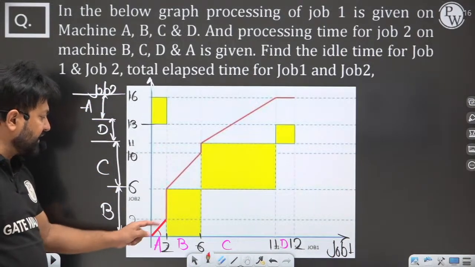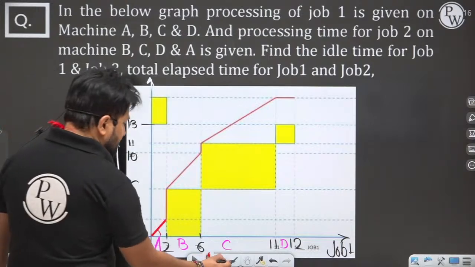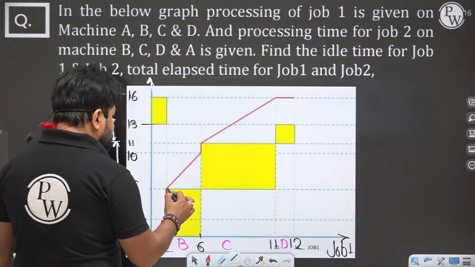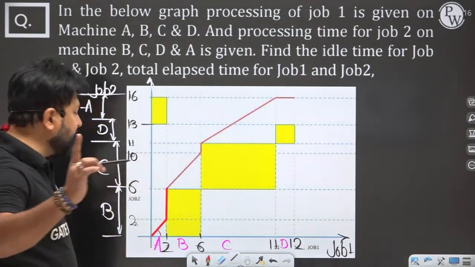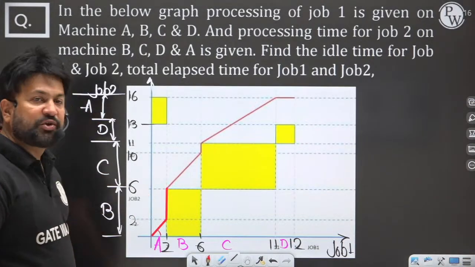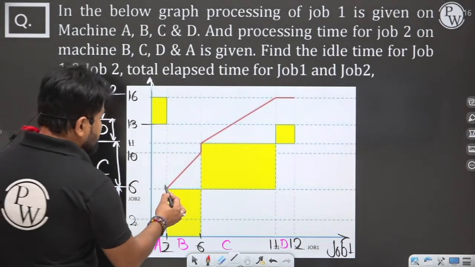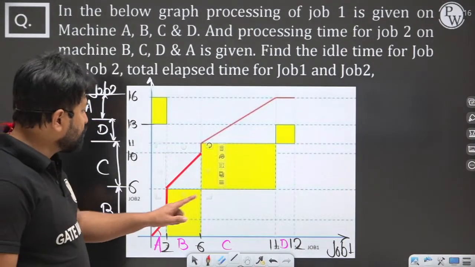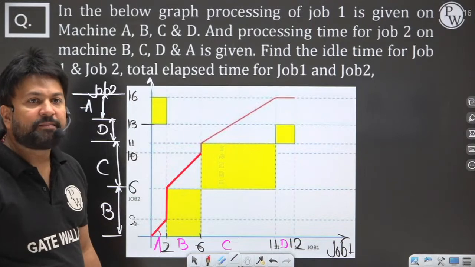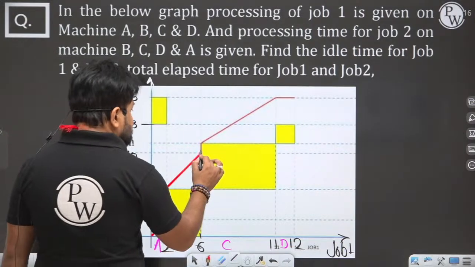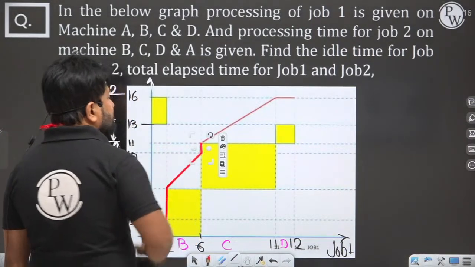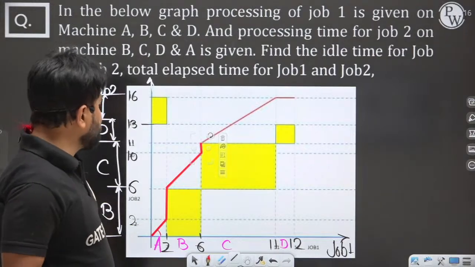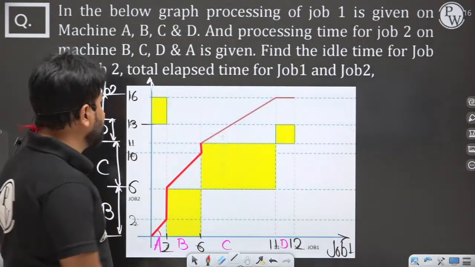This is an inclined line from 0 to 2. Now this vertical line shows that only job 2 is processing. This again inclined line shows that job 2 and job 1 are processing. This vertical line shows that your job 2 is processing, not job 1.